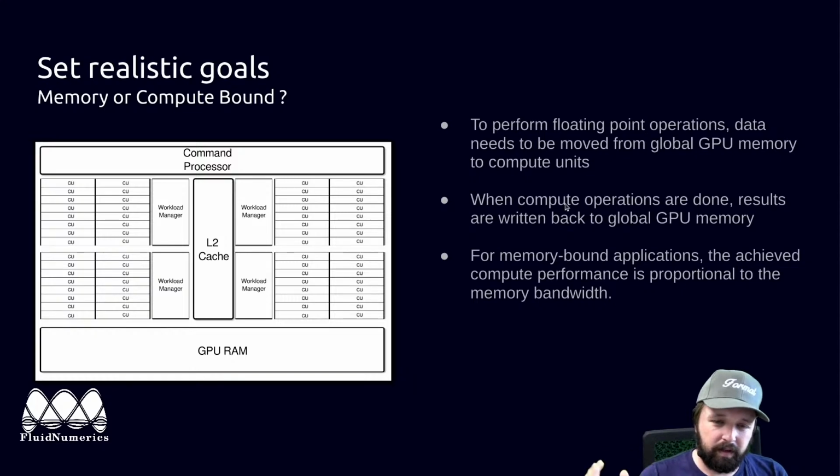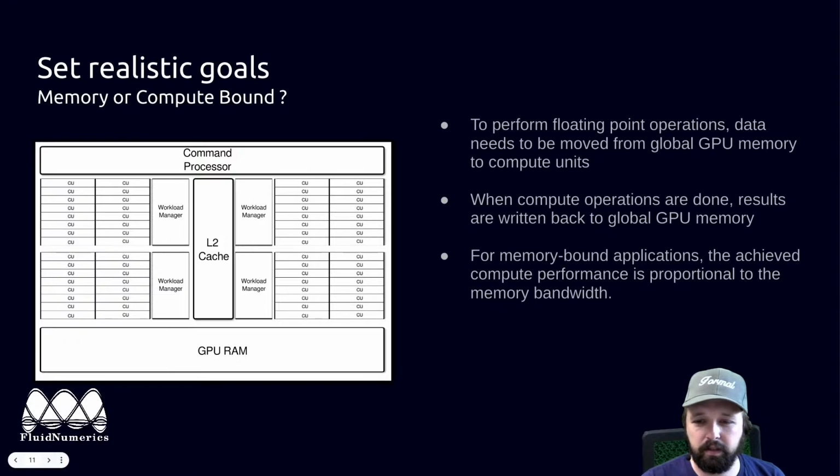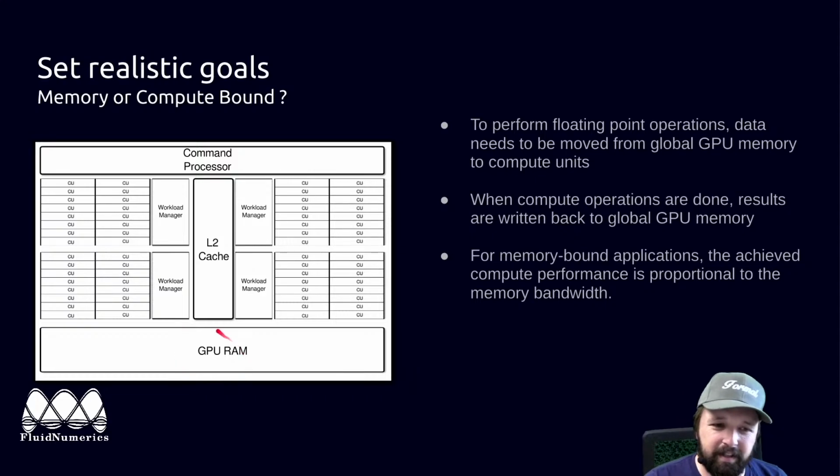To give you a picture of this, on the left side I have a schematic of a fictitious GPU, but it's a good mental model to have. Your data sits out here in what's called HBM memory. When you run a kernel, those kernels run their instructions on compute units, and to get that data from memory onto the compute units, you have to go through an L2 cache and onto the compute unit.